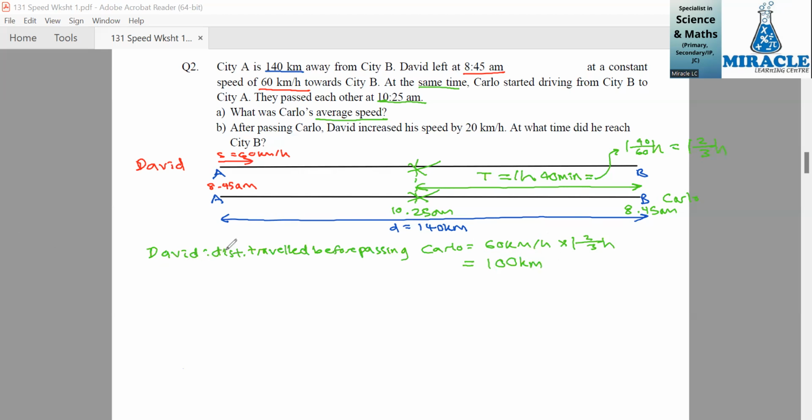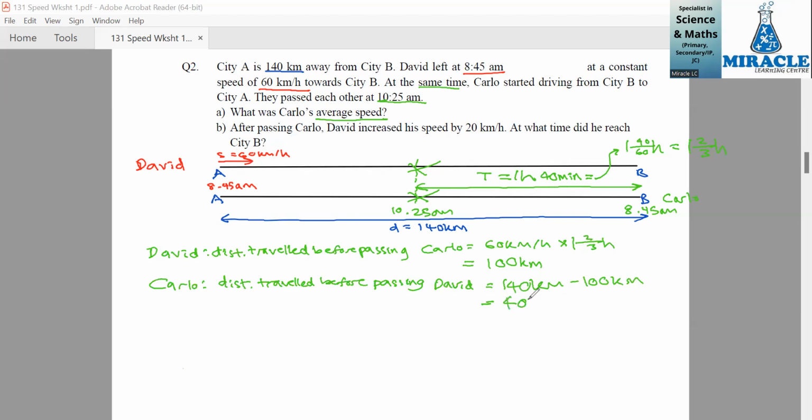So now we know the distance David traveled before passing Carlos. We can calculate the distance Carlos traveled before passing David. And this would be 140 km minus 100 km.